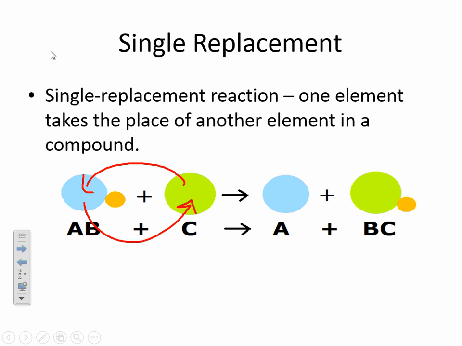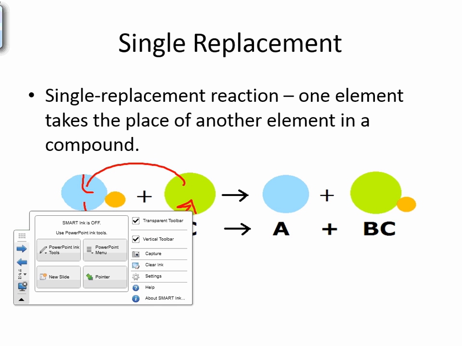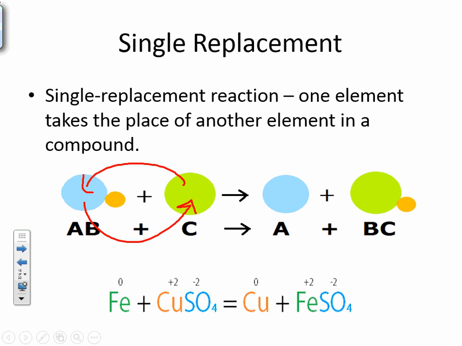So you can see they're just switching spots. If you wanted an actual single replacement reaction, it would look like Fe plus CuSO4 equals Cu plus FeSO4. A simple single replacement reaction where one element is switching spots with the other. So that's the 3rd type.